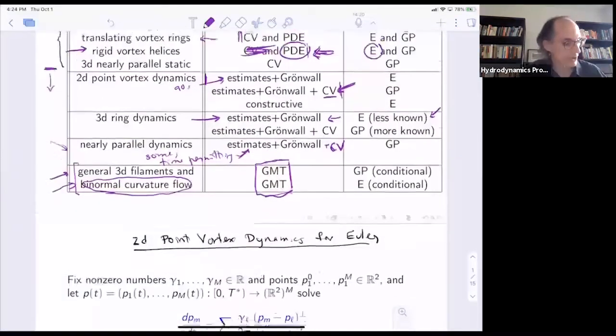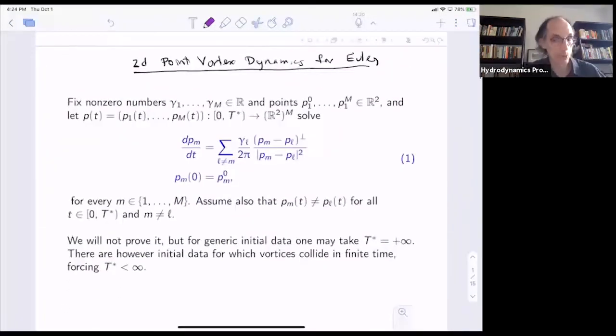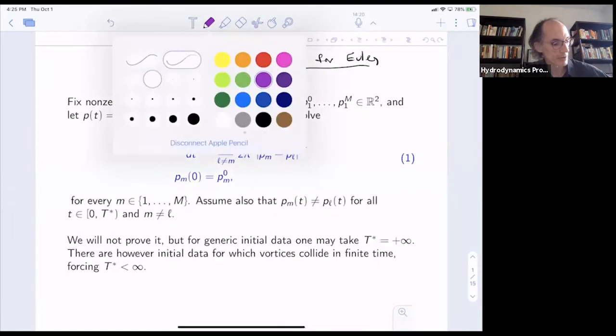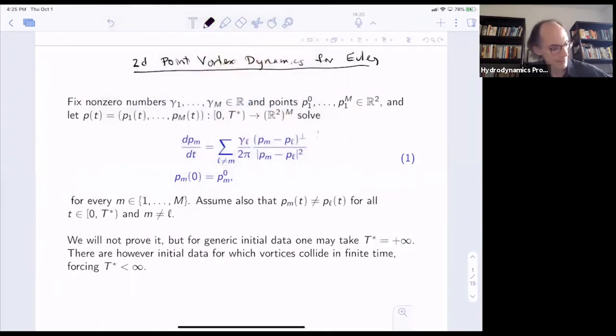Okay, and so then moving on to 2D point vortex dynamics for the Euler equation. Let me remind you of this setup. We again fix some non-zero numbers. What I want is to imagine a point vortex. This is the ODE that's supposed to govern point vortices.